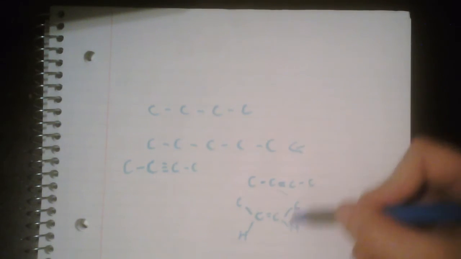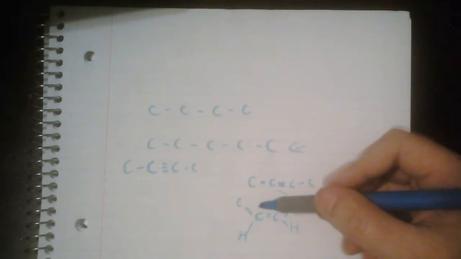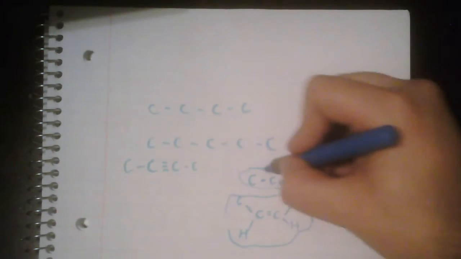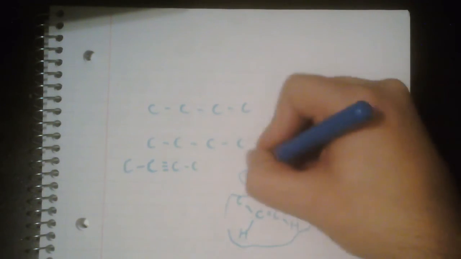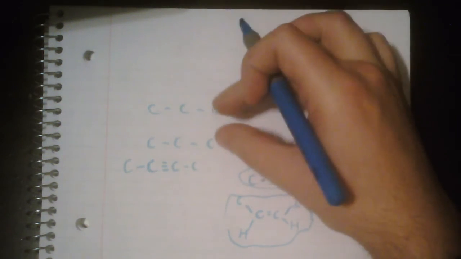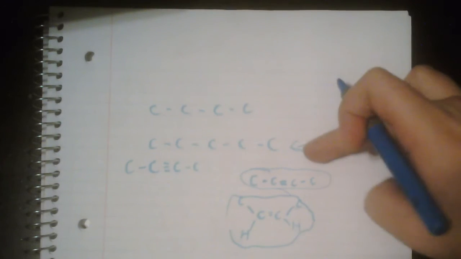But because of this kink, these guys aren't going to lie as flat with each other. So if you stack multiples up, they're going to have a harder time because of this structure, whereas these guys are going to be totally flat and they stack much easier. So an alkyne is going to stack the closest. An alkane is also going to stack pretty close because they're still relatively straight.